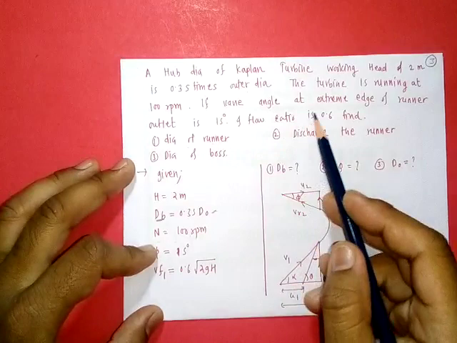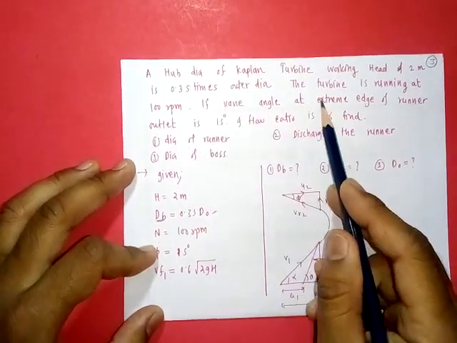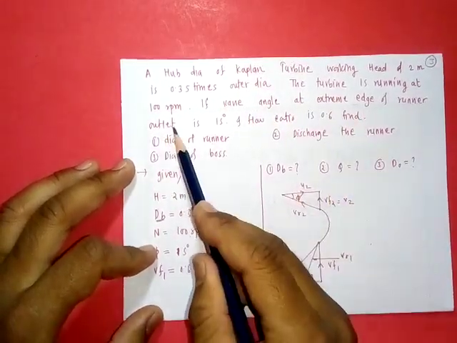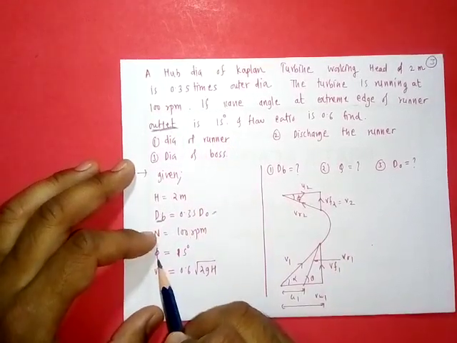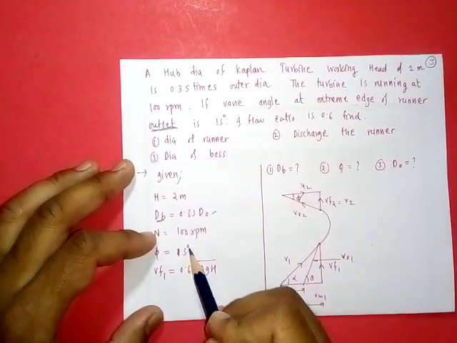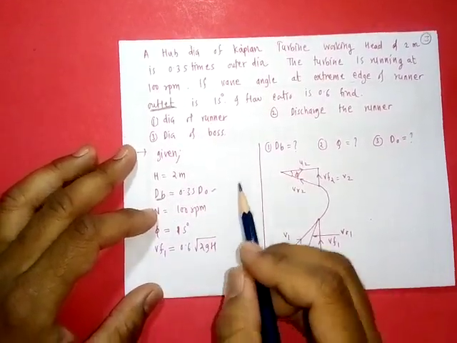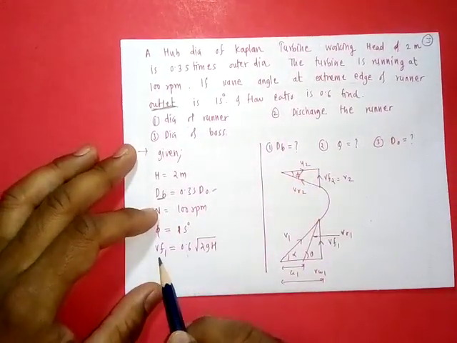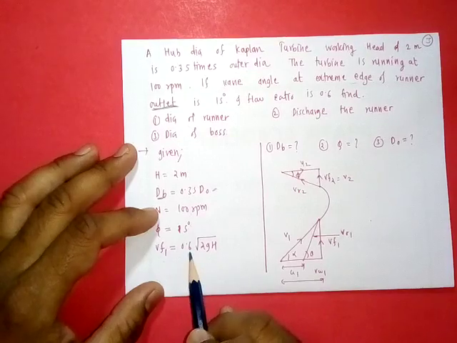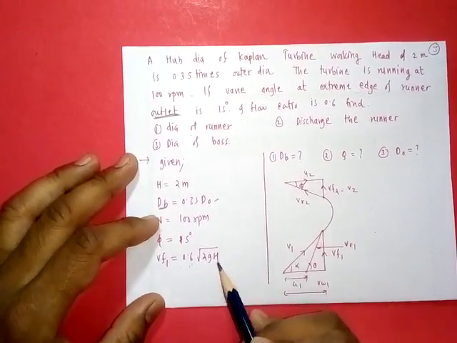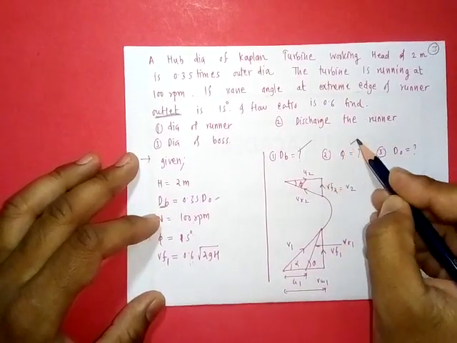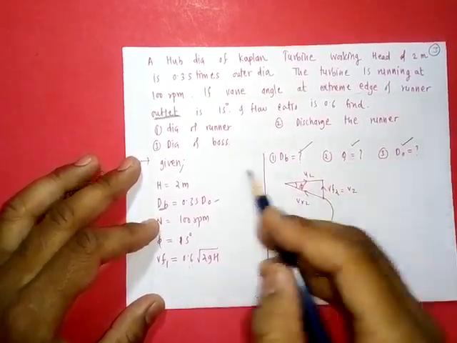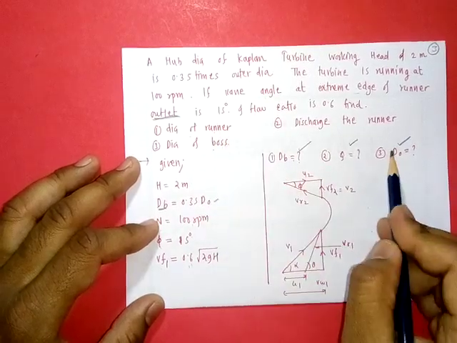Then the vane angle at the extreme edge of the runner outlet is denoted by phi, it is 15 degree. And the velocity of flow ratio is given 0.6, that means Vf1 is equal to 0.6 under root 2gh. They have asked for the runner diameter, discharge, and boss diameter.